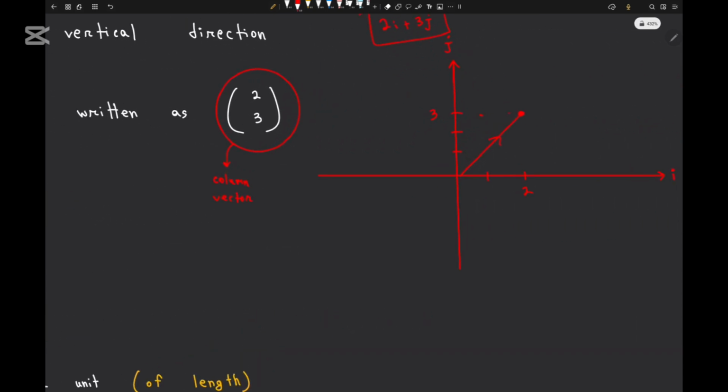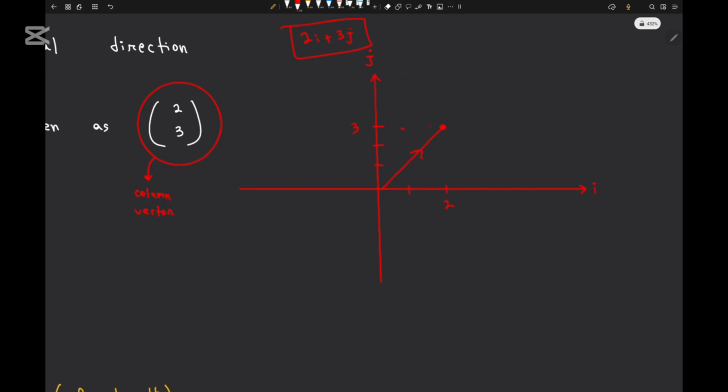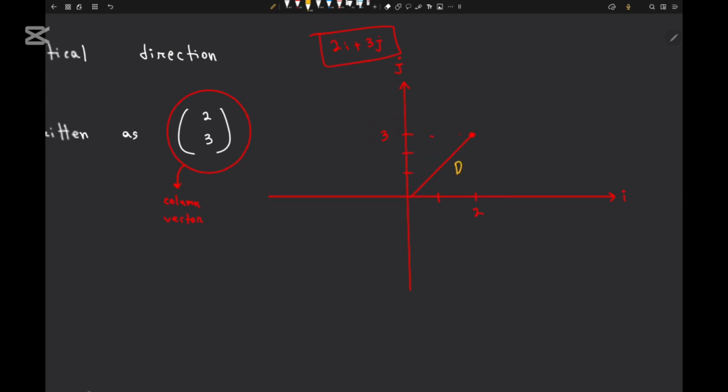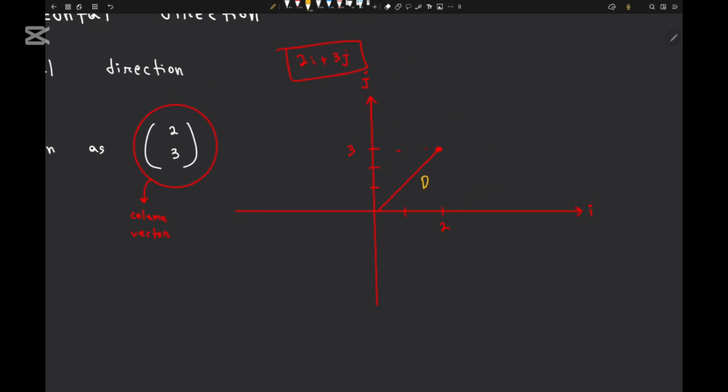Now let's say that I want to find out the length of this vector. Let's say that the length is d. Let's say that the vector is 2i plus 3j. Let's call this vector a.